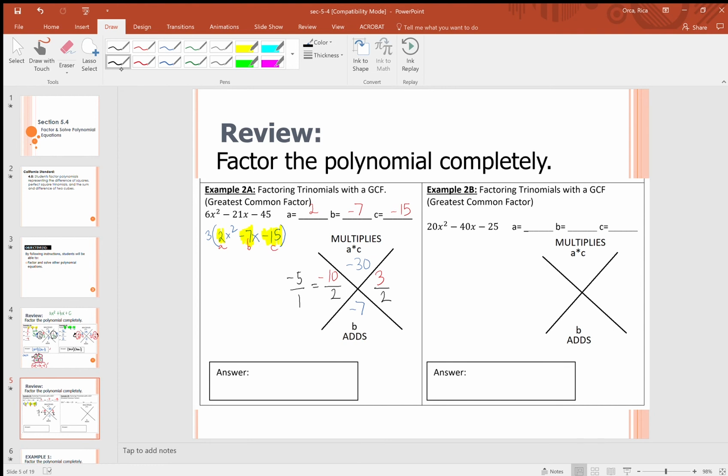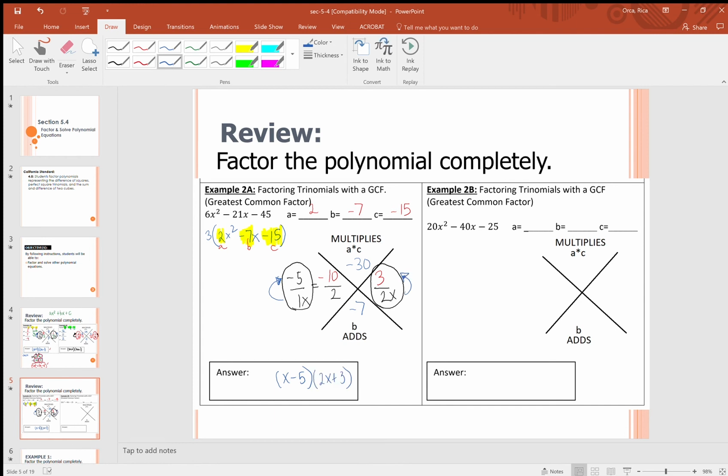Remember to put the variable at the bottom. 3 over 2 can't be reduced, so let's go ahead and put the x at the bottom. Now let's write out our factors from the bottom up. We have x minus 5 times 2x plus 3.